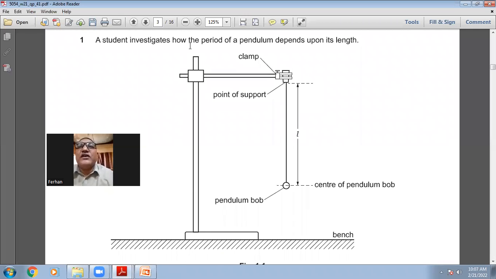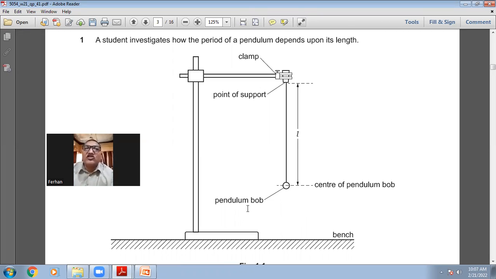So here we have a retort stand, that is boss and the clamp, and here we have the pendulum. Pendulum is basically a thread, and at the end of the thread there is a metallic bob, and this is the center of the pendulum bob, and this is where it has been clamped. So this pendulum can swing.